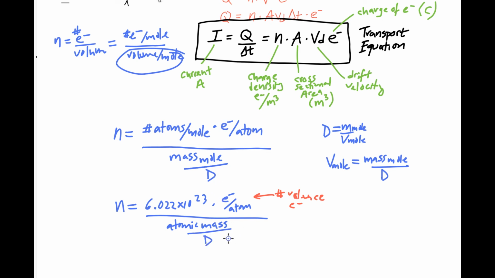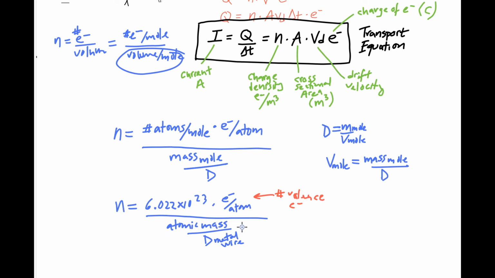So that is the density of the material, which normally is going to be a metal. So the density of the metal that the wire is made out of. So the atomic mass divided by the density will give you the volume of a mole. This is the number of atoms that are in a mole, and then times it again by the number of electrons will give you this density.